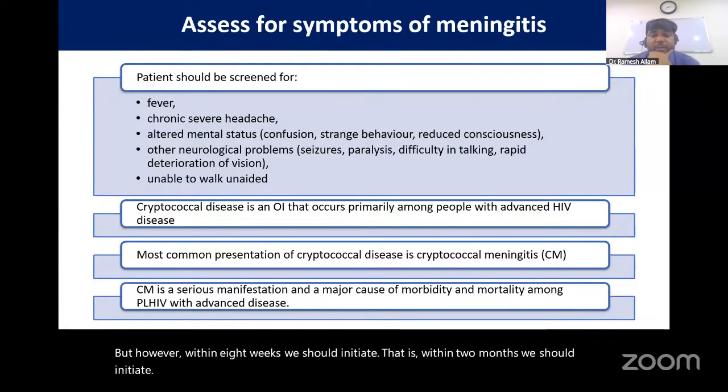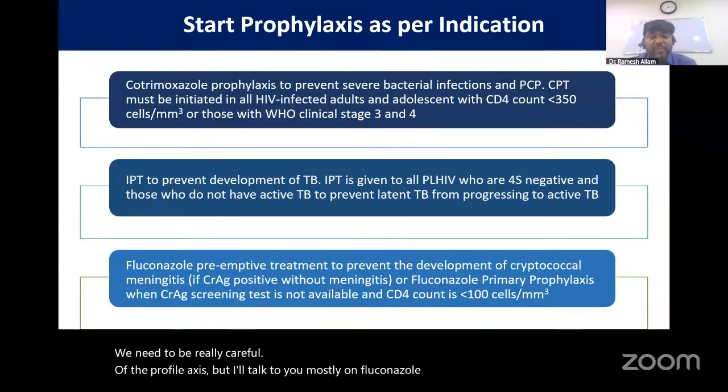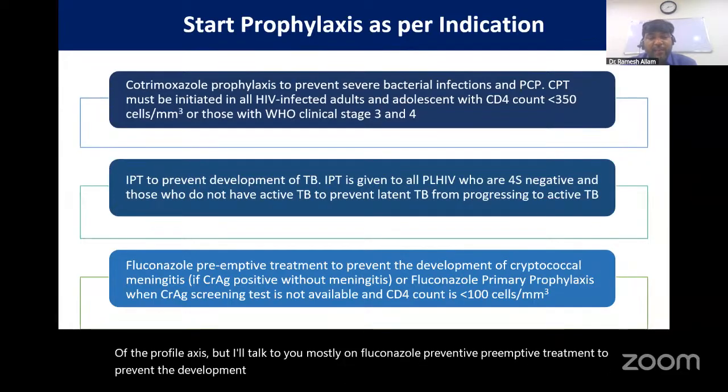Now, cryptococcal meningitis. When it comes, we need to be really careful of the prophylaxis, but I'll talk to you mostly on fluconazole preemptive treatment to prevent the development of meningitis. If CrAg positive, or fluconazole prophylaxis when the CrAg test is not available and CD4 count is less than 100.